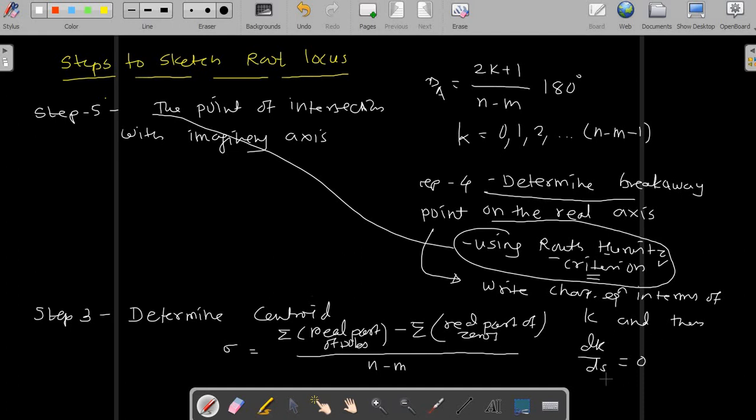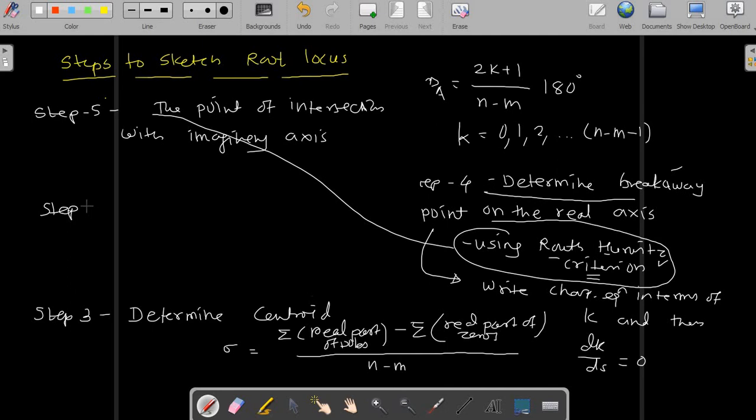Take the derivative of this term, dk by ds equal to 0, and determine the value of s. So this is for the breakaway point, and for finding the point of intersection with the imaginary axis, we use Routh-Hurwitz criteria.